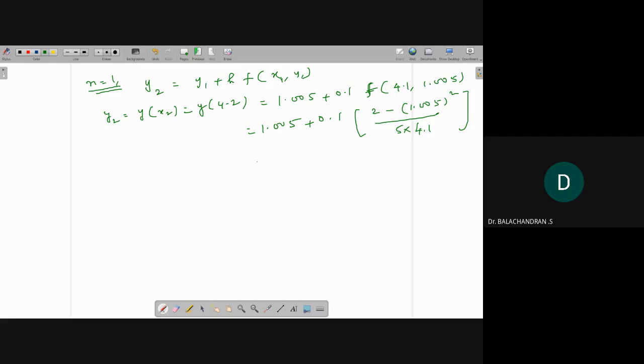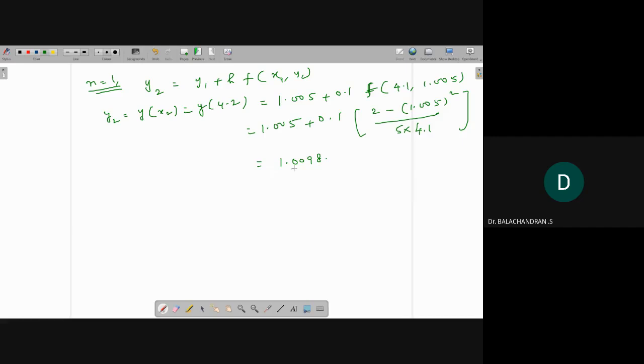So I need the final answer. 1.009829. Okay, 1.0098. Thank you. I think you can stop, 4 decimal places is enough. You can write 6 decimal places also.